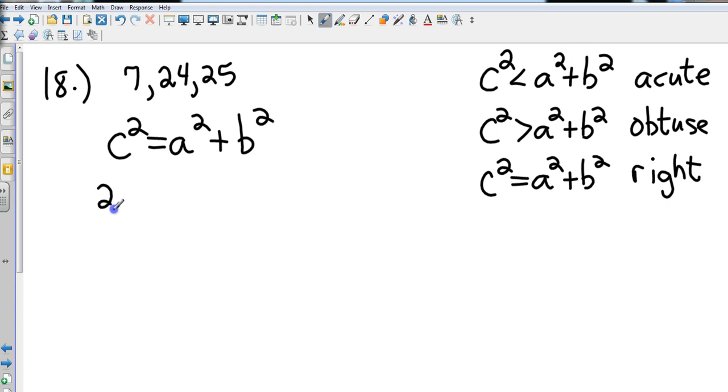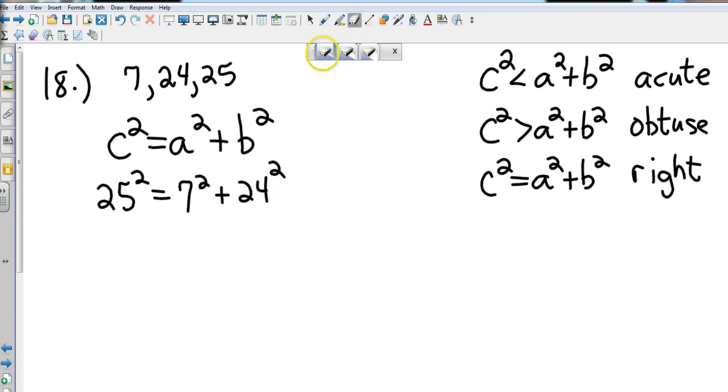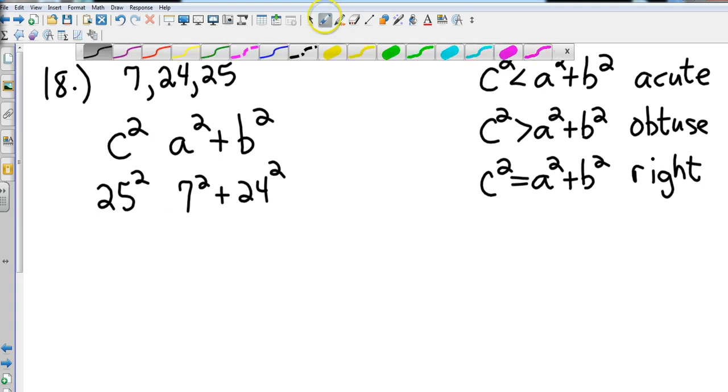So that's going to be 25 squared, box, 7 squared plus 24 squared. Instead of putting an equal sign there, I'm going to put the old school box, like back when we did inequalities, and we're either going to put equal, greater than, or less than.